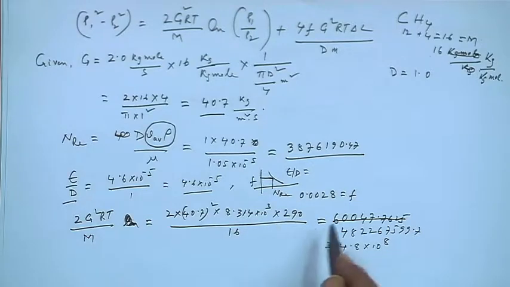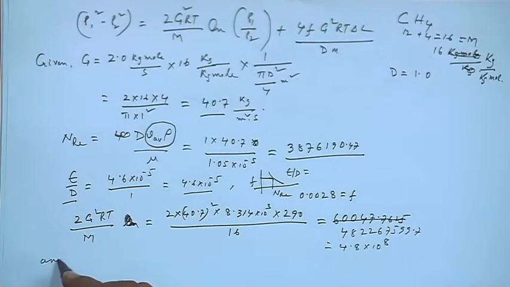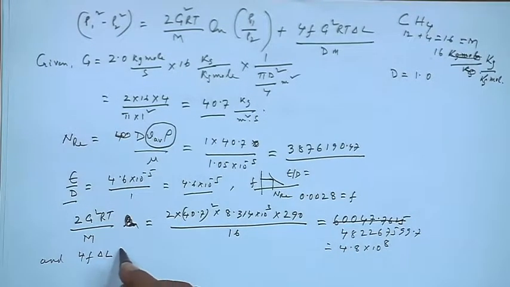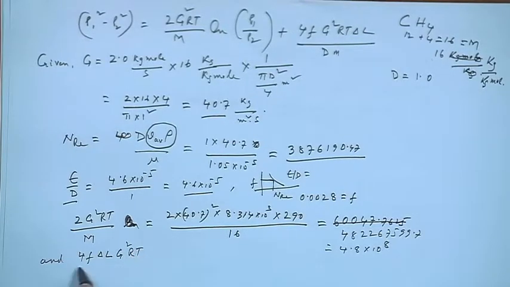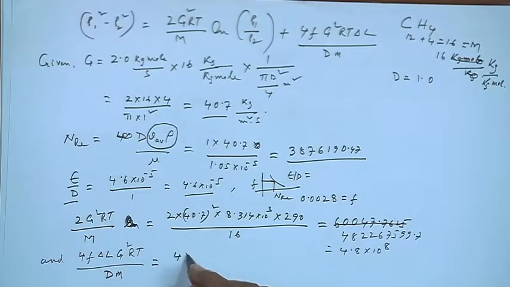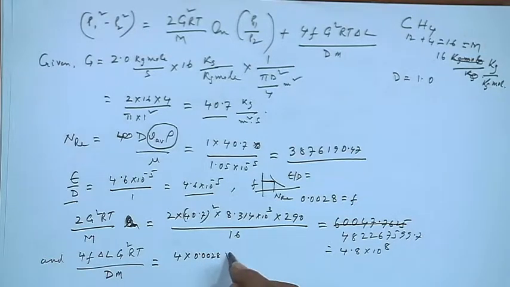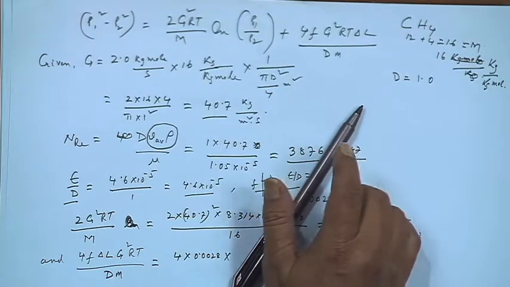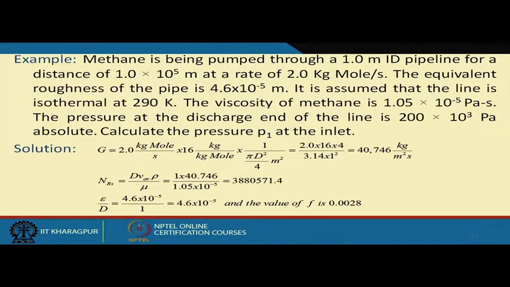Okay. Now once we know this and the other term, that is 4f delta L G square RT divided by dM, the values are 4 into 0.0028 into delta L, length is given as 1 10 to the 5, most likely, yeah, 1 10 to the 5 meter.